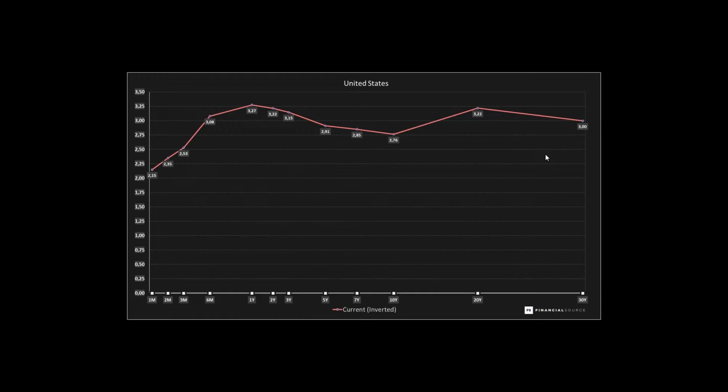So that is like the deal sweetener that needs to be added on top of something like a 10-year yield to entice investors to invest in something like a 10 or 20 or 30-year bond, because the further you go out your timeline, there's obviously more risk because there's more uncertainty.